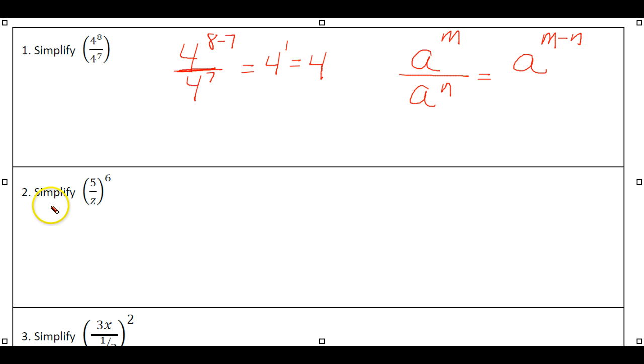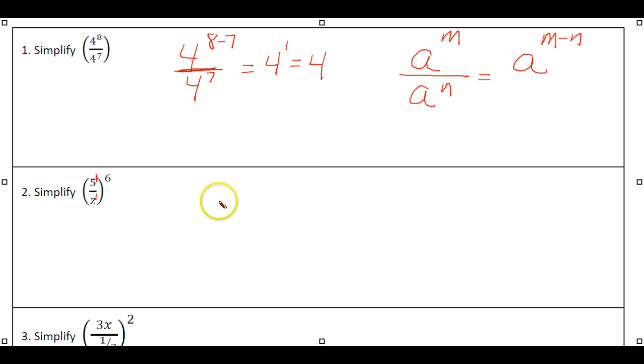Now, in simplifying this, you're going to raise this base 6 times. That is, multiply it by itself 6 times. So there's a 1 there as the exponent, and there's a 1 there that we don't write.